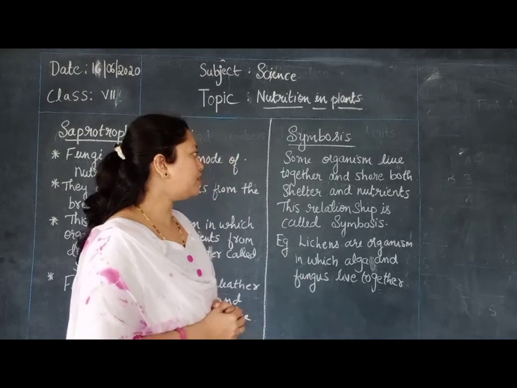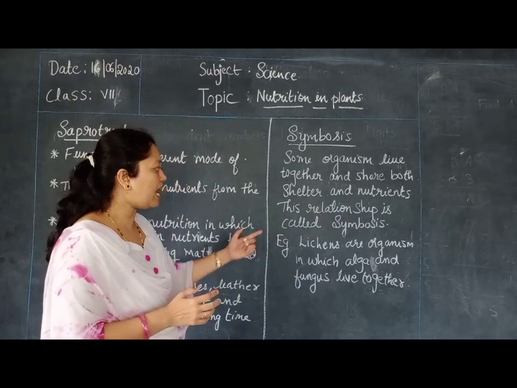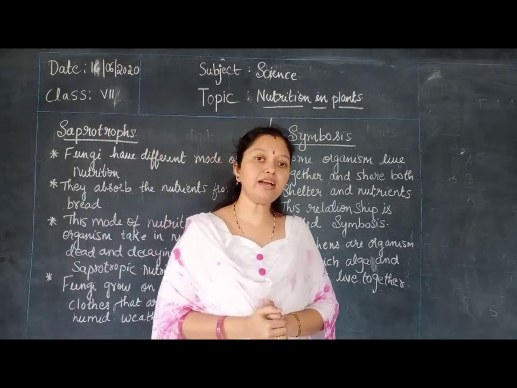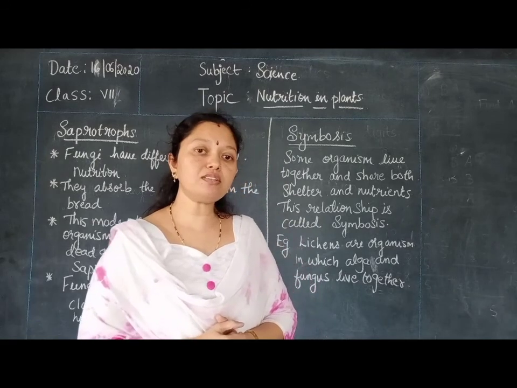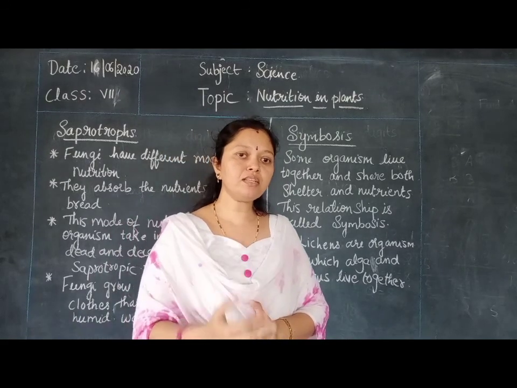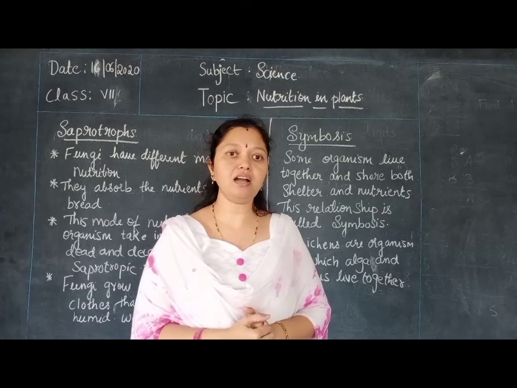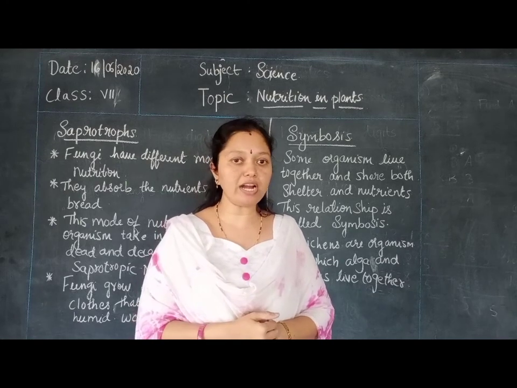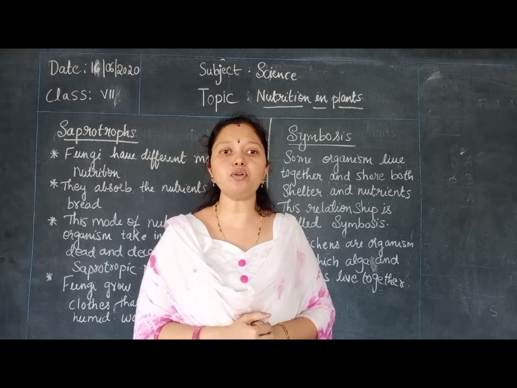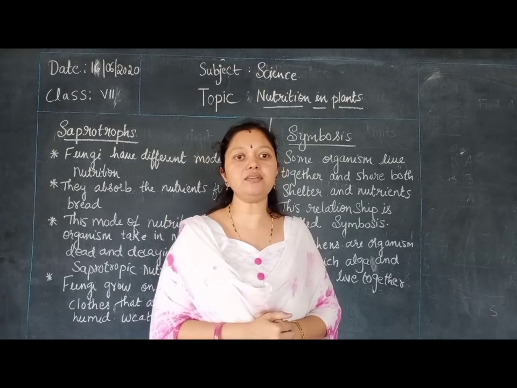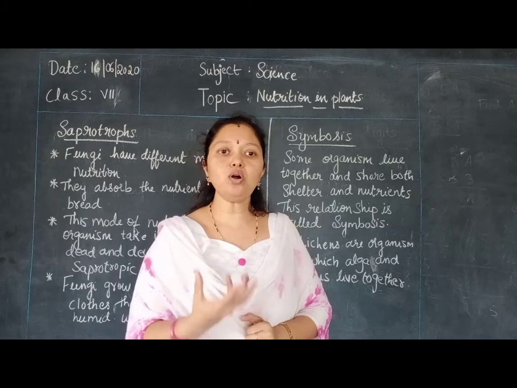So here we have studied two concepts. Another example you can take for symbiosis: in the photosynthesis process, plants need nutrients for the preparation of food. They prepare carbohydrates, and they need proteins, that is nitrogen content, to grow.